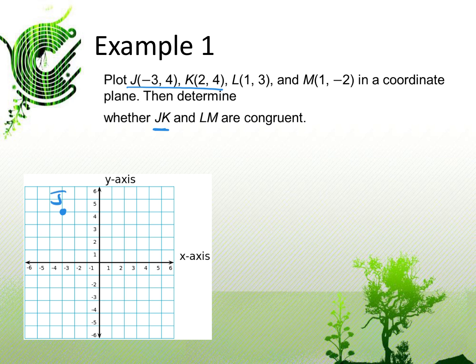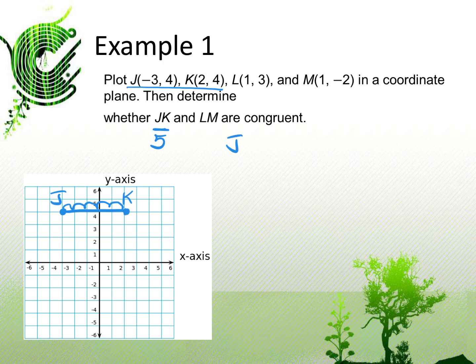And that'll be J. And for K, I'm going to go to the right to 2 and up to 4. Connect the points. And now, you can either choose to use that formula, or in this case, since it's graphed on a nice, neat coordinate plane, I could count the little boxes, 1, 2, 3, 4, 5, and I can see that JK has a distance or a length of 5.